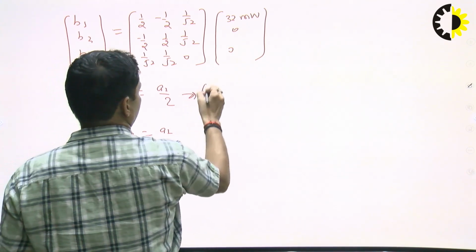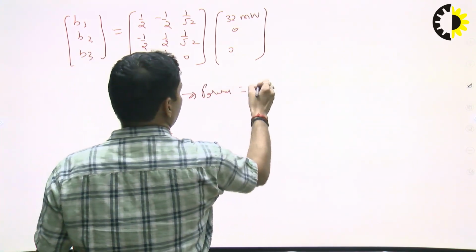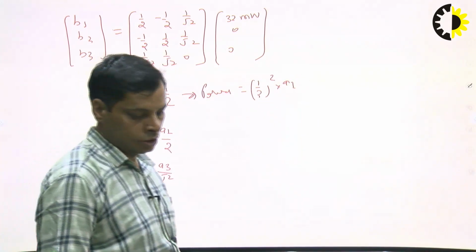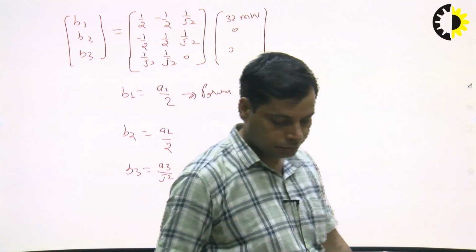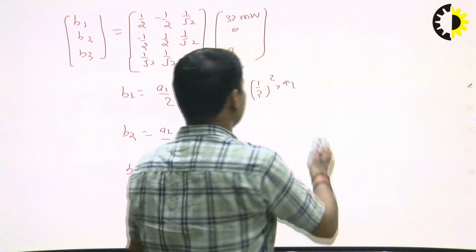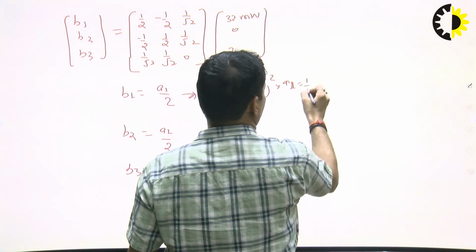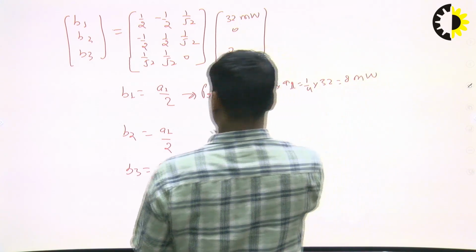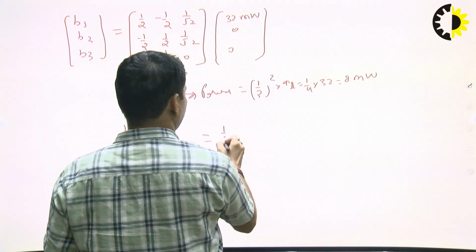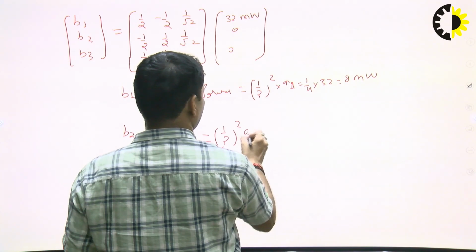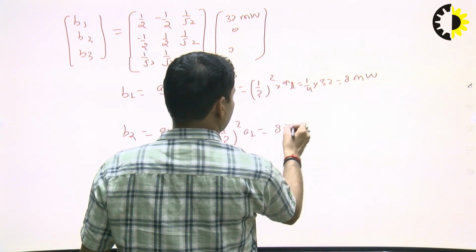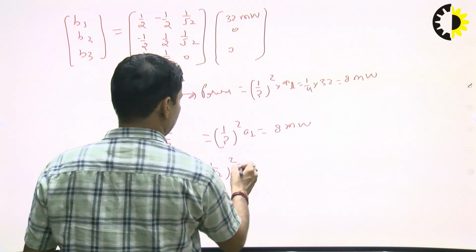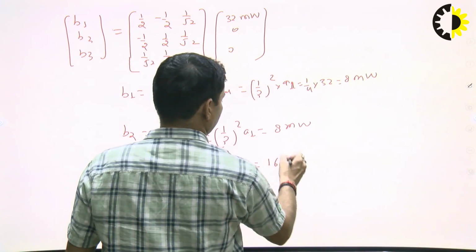So the power we can calculate here: 1 by 2 square of A1, that means 1 by 4 into 32, that means 8 milliwatt. In the same way here 1 by 2 square A1, we can get 8 milliwatt. Here 1 by root 2 square A1, that means 16 milliwatt.